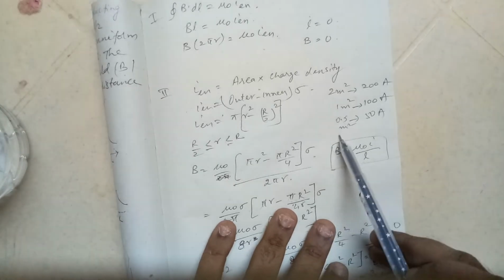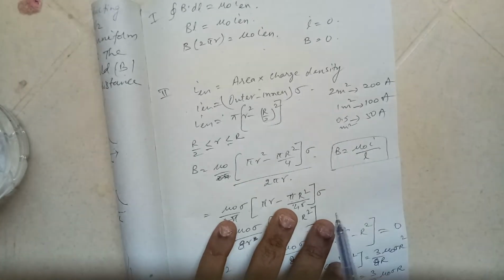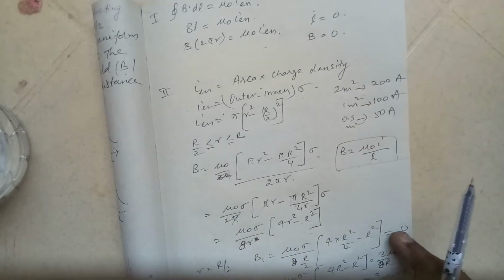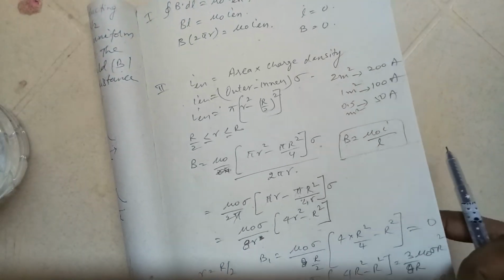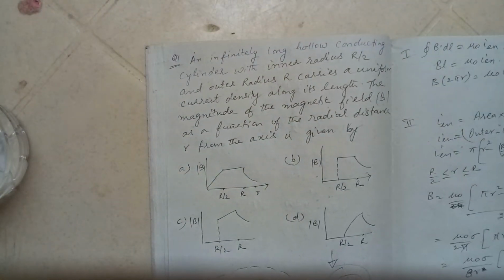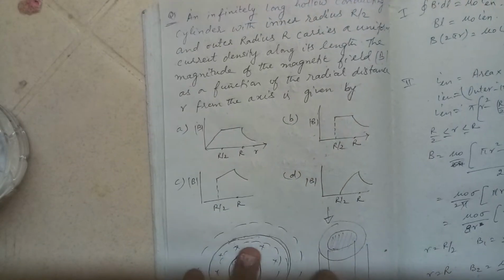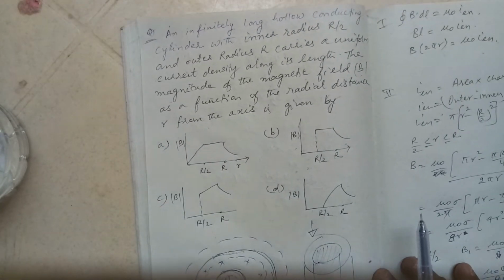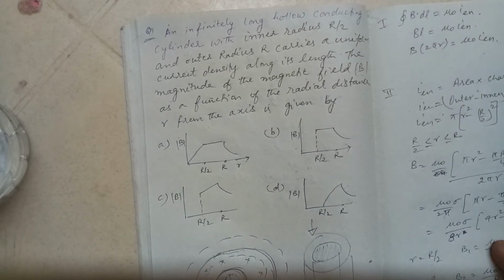If I take 0.5 meter square, it is 50 amps. In every meter square of the cylinder, the charge distribution is uniform, and that is denoted by sigma. So we are supposed to find at important points what is the value of magnetic field.